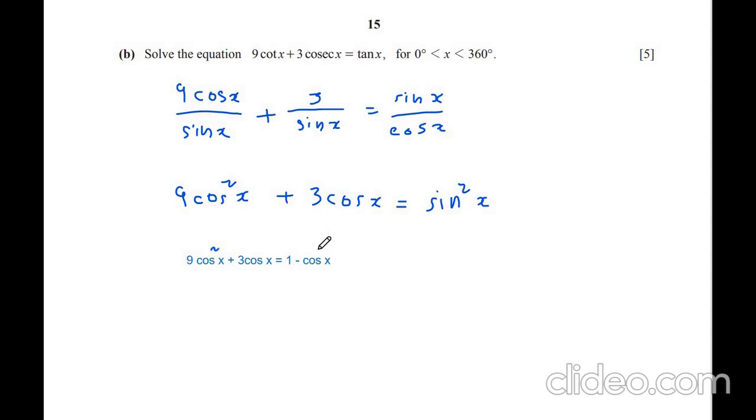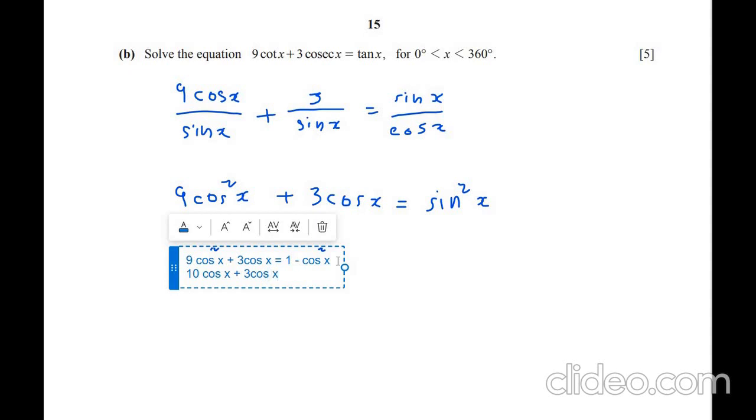Put the squares down here. And then if we bring everything together, this is going to be 10 cos square x plus 3 cos x minus 1 equal to 0. Let me write it nicely.